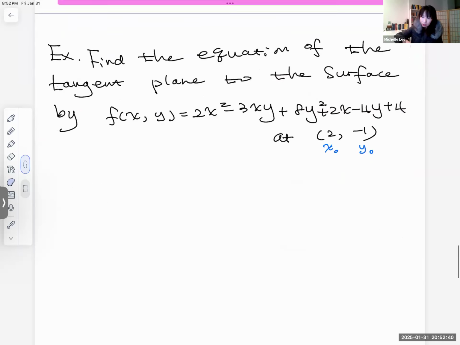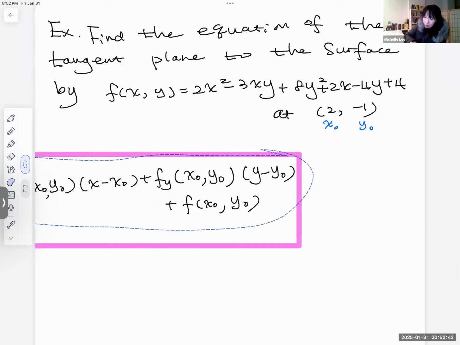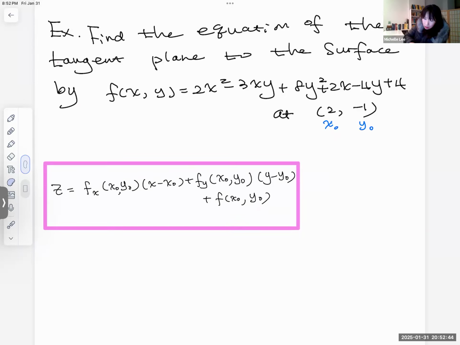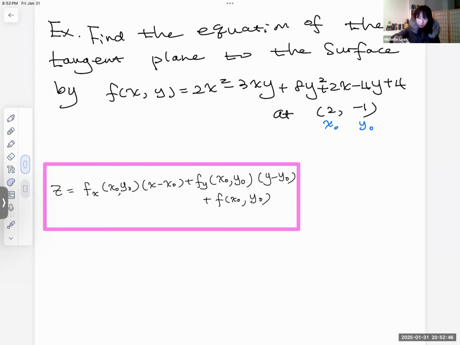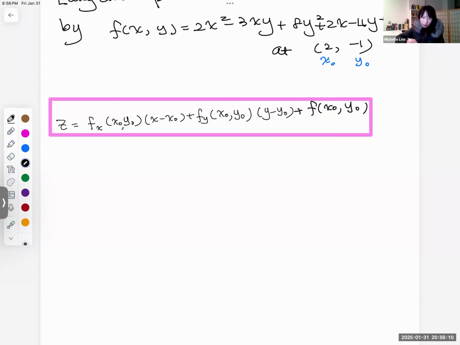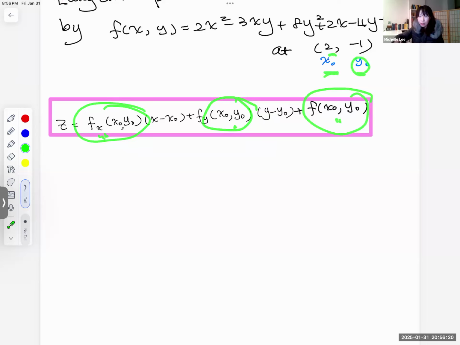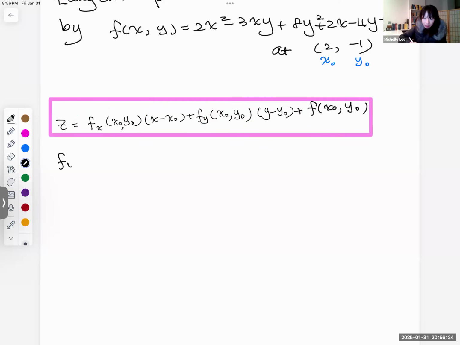Copy, paste. Let's take the partial derivative with respect to x and the partial derivative with respect to y, and then evaluate when x naught equals 2 and y naught equals -1. Okay, so let's do that.